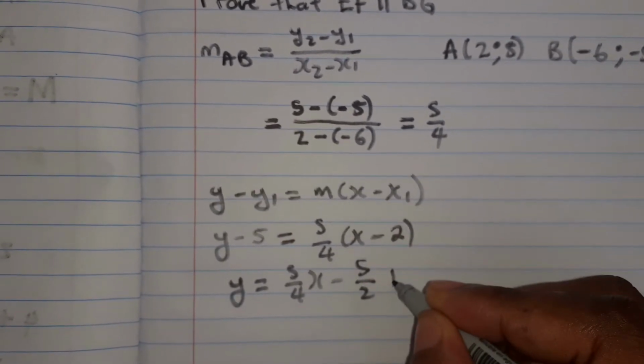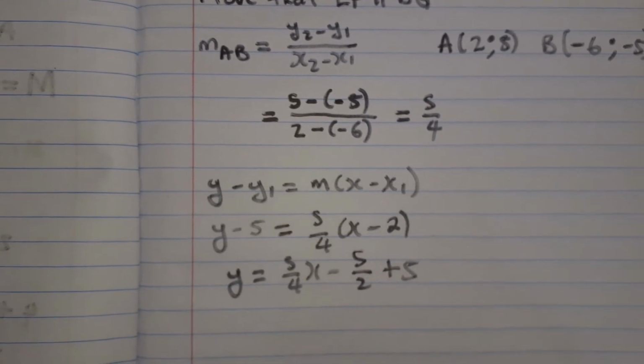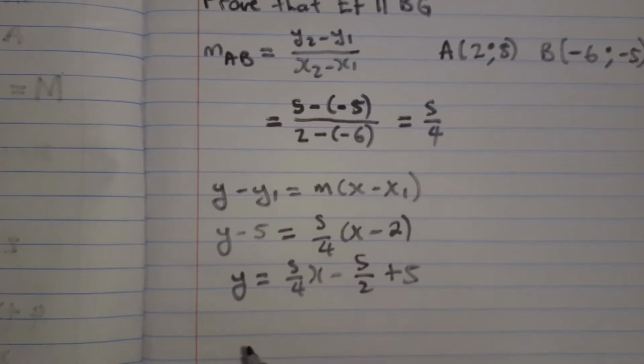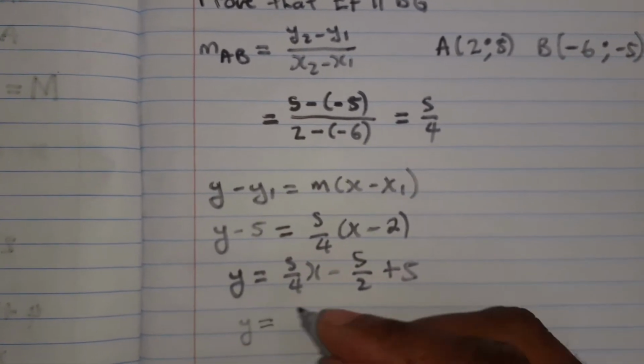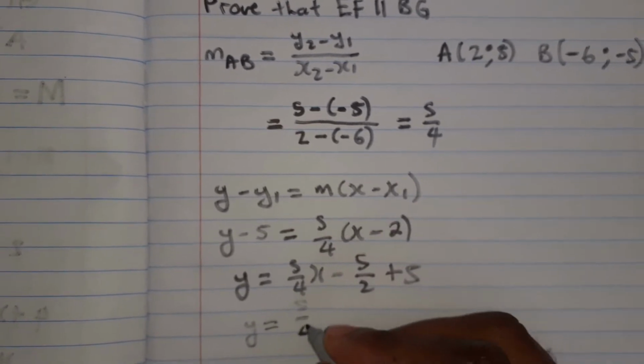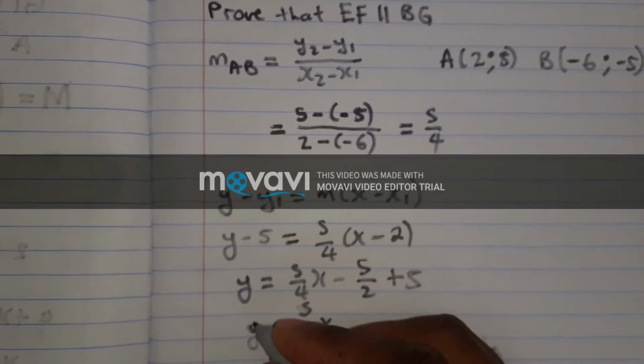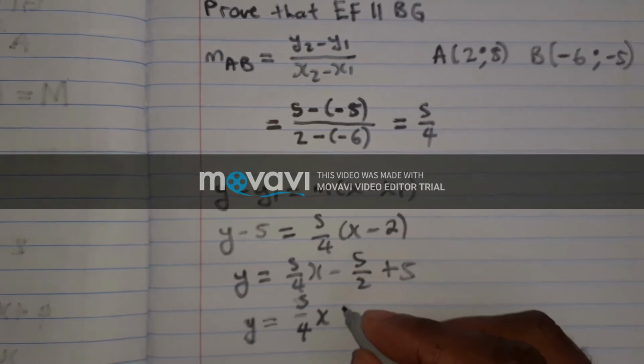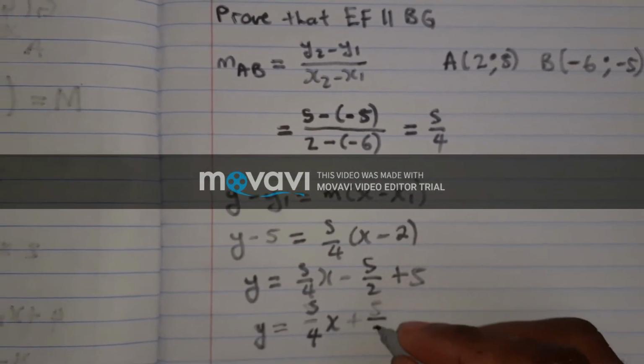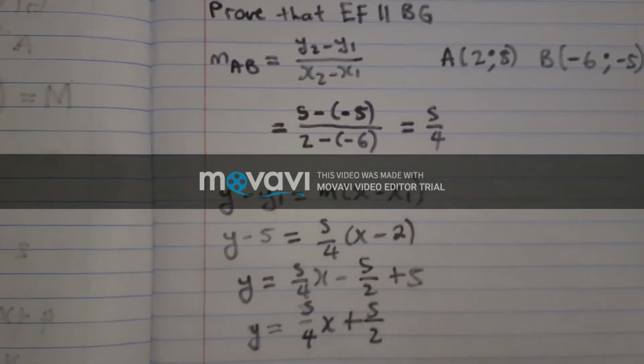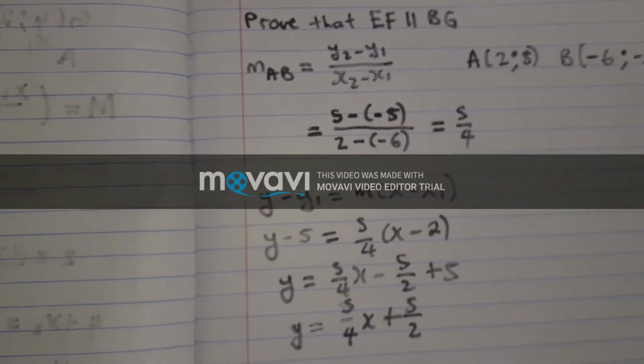So I've got 2 plus 5. Take 5 to the right hand side. So the equation here is for E.